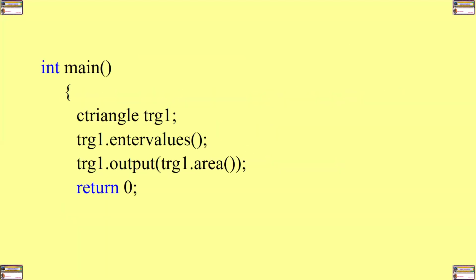So it will be sent back here to this statement, to the main. So that value which will have been generated will then be passed over to the other function called output. So the value that will be generated as an area, that value will be passed over to the function called output.